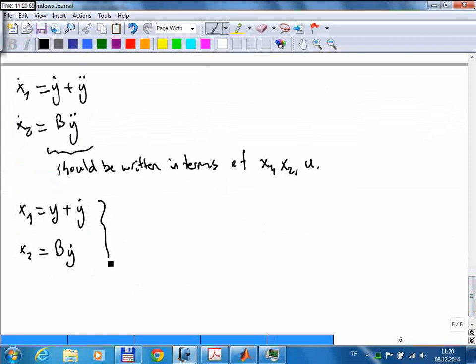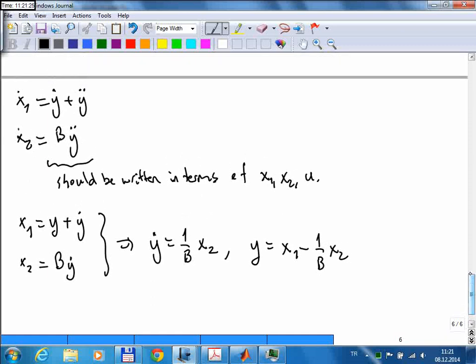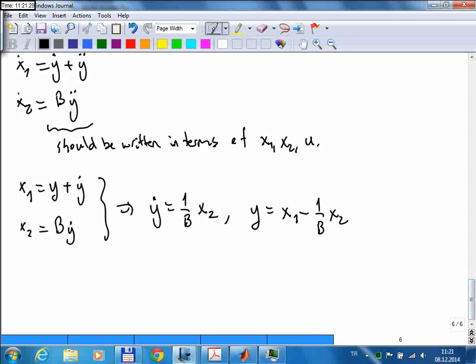Okay, so by using these state variable definitions, I can write y dot as 1 over b times x2 and y as x1 minus y dot, but for y dot I can use this one, x2. So I already wrote these y and y dot terms in terms of state variables, and I also need to write y double dot.